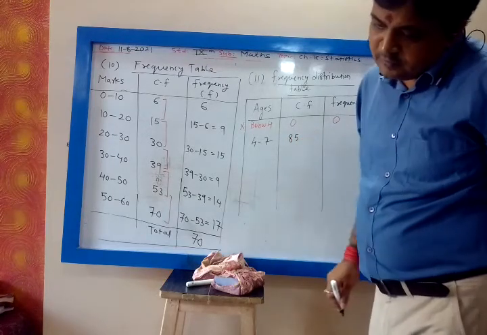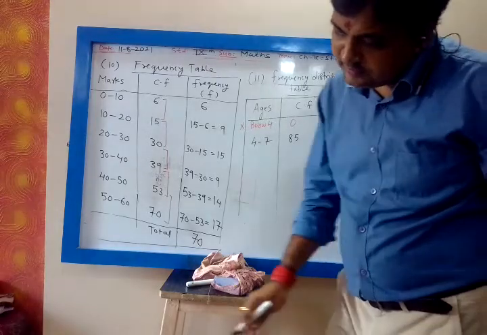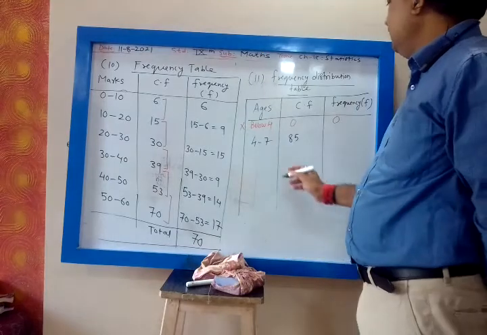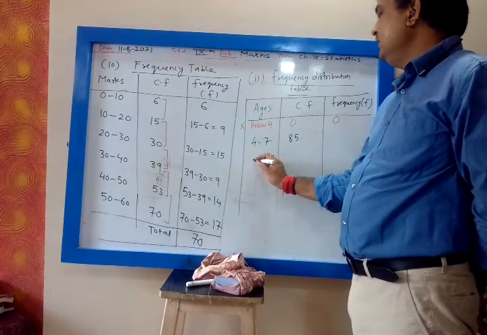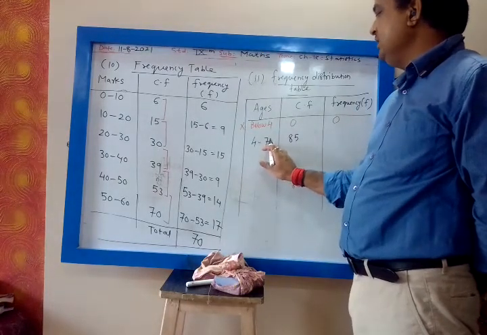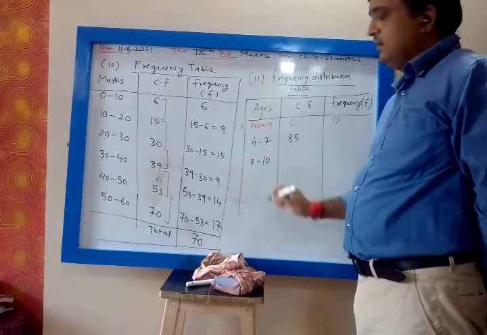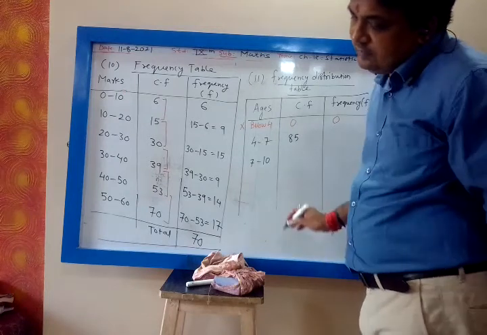Next, below 10 means 7 will not come in this, so 7 to 10, given 140.